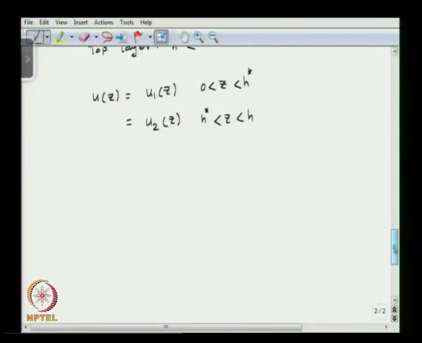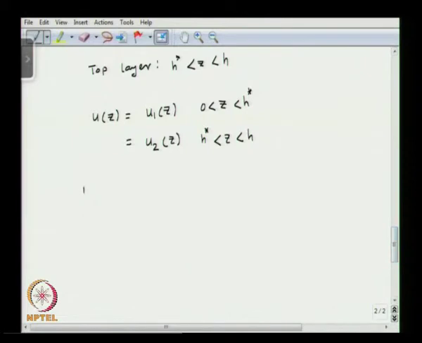So we can satisfy the no slip boundary condition.